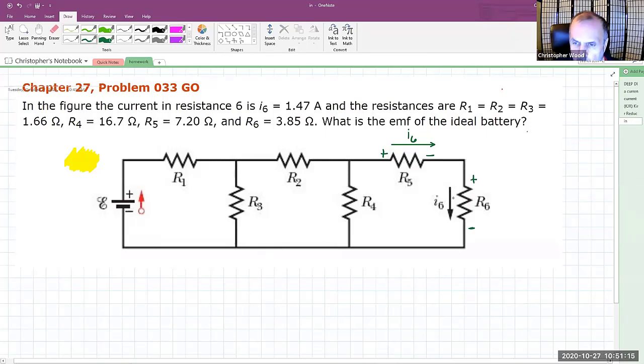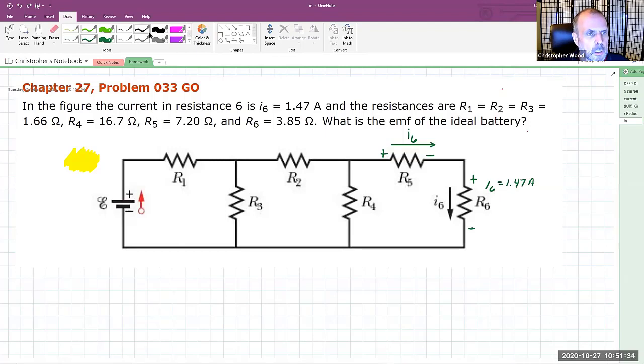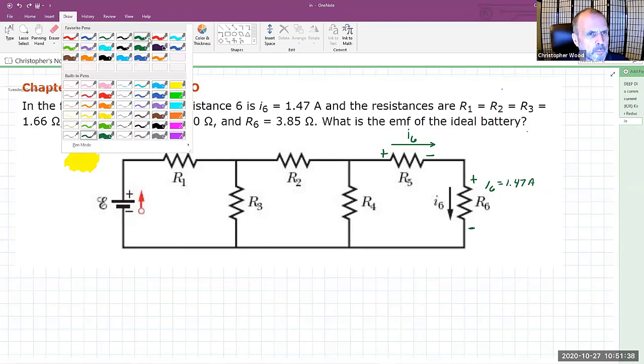I6 equals 1.47 amperes. My numbers, you have different numbers. I'd like to color code it as mentioned, so I'll go to this color.